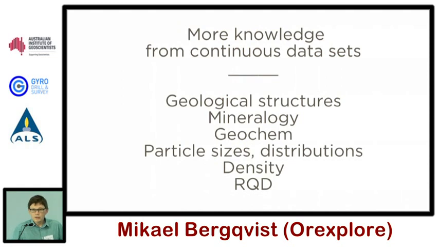Something that is becoming more and more evident is that there is more knowledge to be found from using continuous data sets. This goes for geological structure, mineralogy, geochemical data, particle sizes and their distributions and directions, density, rock quality designation, and core recovery.